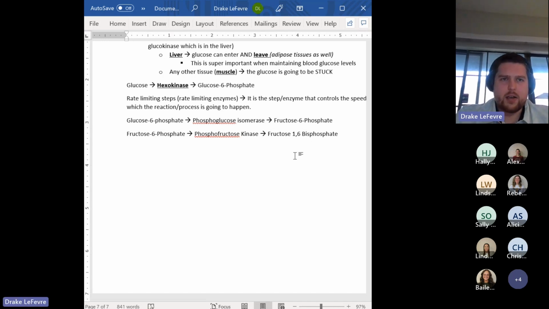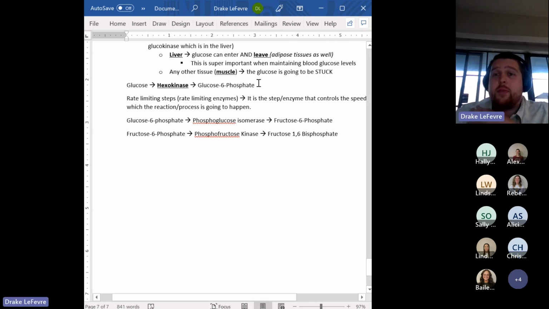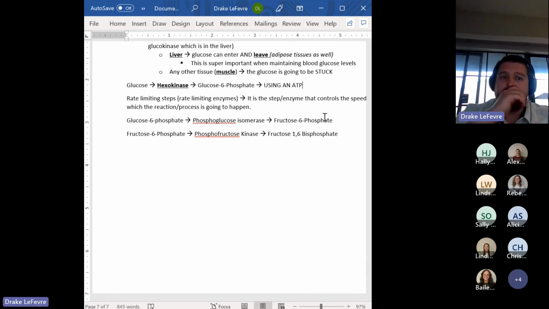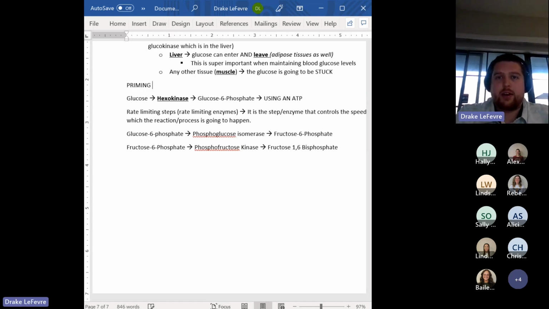So taking a pause for a second here, these two kinases right here, they're phosphorylating the glucose, and the fructose 6-phosphate gets phosphorylated. Where are those enzymes getting that phosphorus from? ATP. Exactly, from ATP. So these first couple of steps, we actually call the priming phase, because we are actually using ATP.